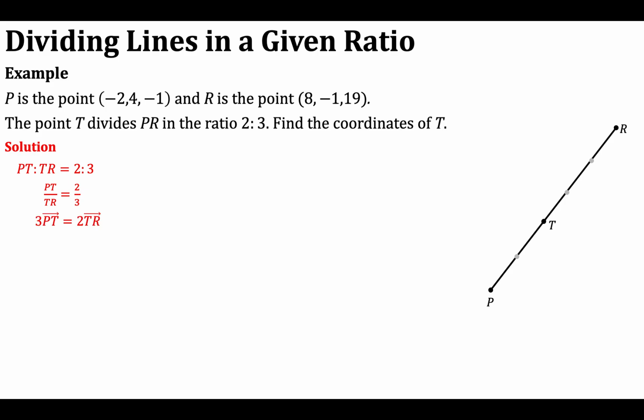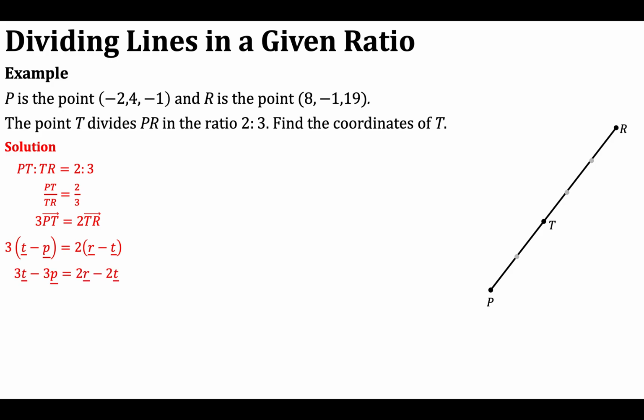And multiplying throughout by 3 and multiplying throughout by TR tells me that 3 of vector PT is equal to 2 of vector TR. Now, vector PT, remember that's position vector T minus position vector P, and TR is position vector R minus position vector T. So I can express that as 3 times (T minus P) equals 2 times (R minus T).